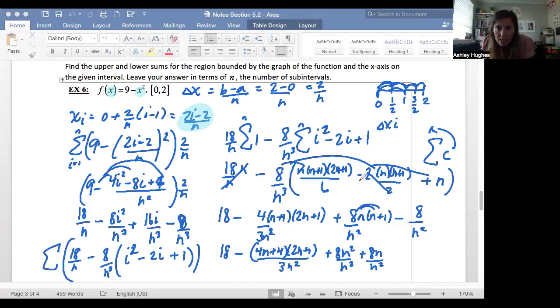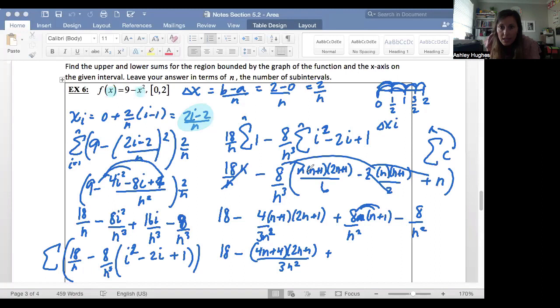Oh no, this n cancels with that n. Whoops. Hold on, that n's not there. This would just be, let me fix that for a second. There's lots of room for error here.